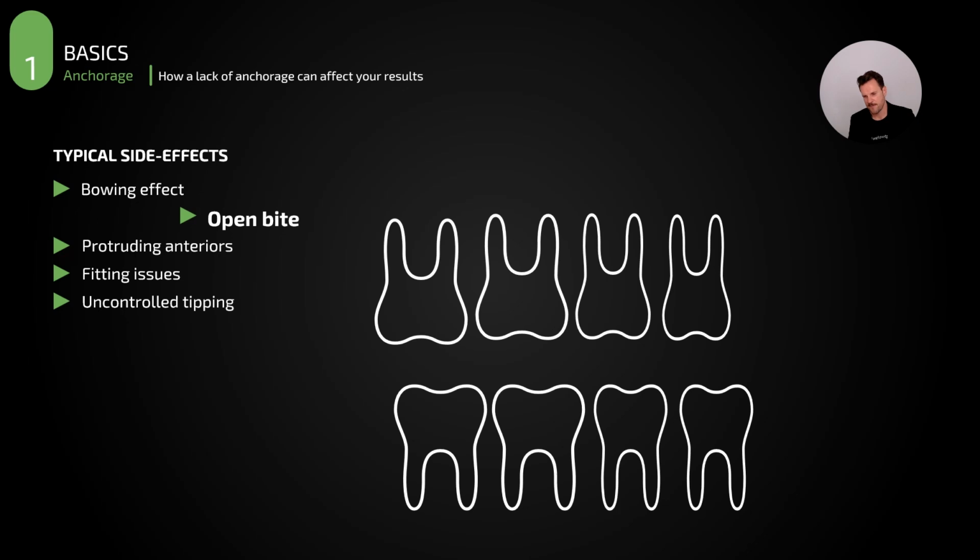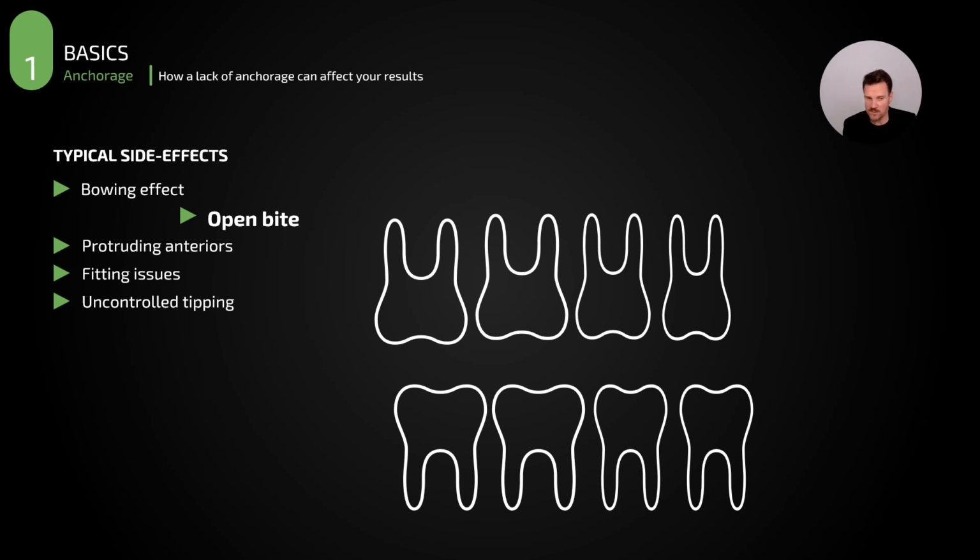So what happens? In most of the cases, we don't have a real posterior intrusion. In most of the cases, we have the effect that we have a little outer rotation of the mandible. We have pre-contacts of the anteriors. So we only have anterior contacts or contacts in the canine area, and the bite setting is not perfect, so we have a posterior open bite.